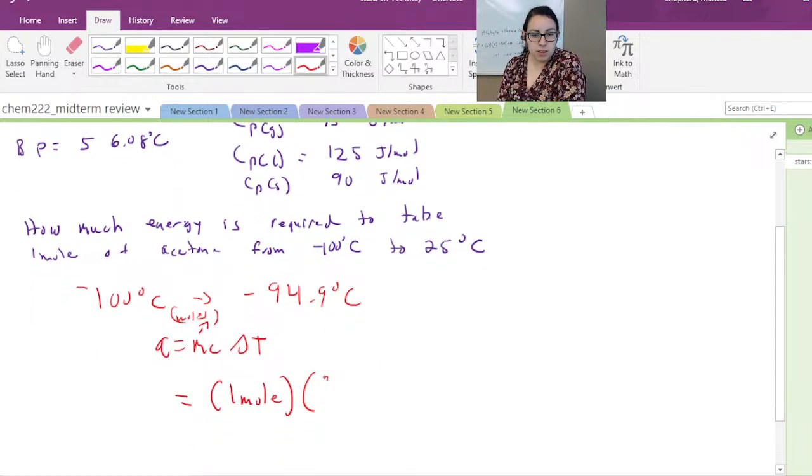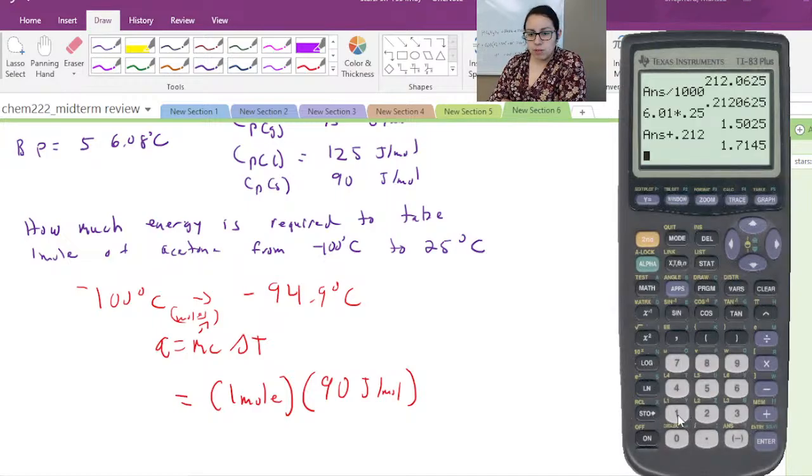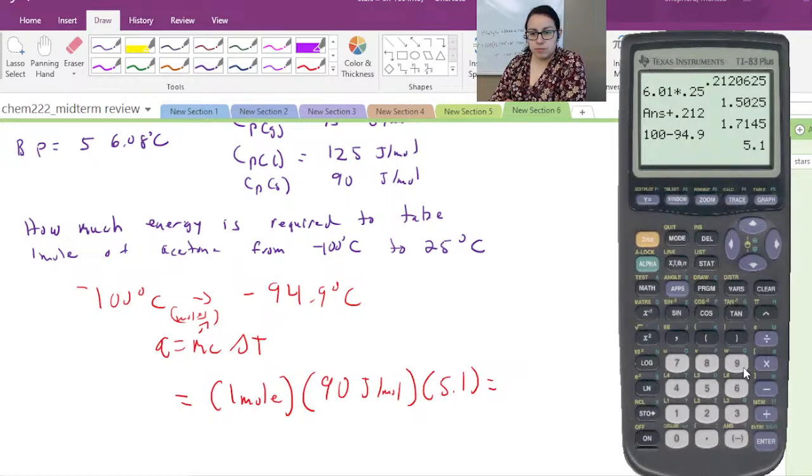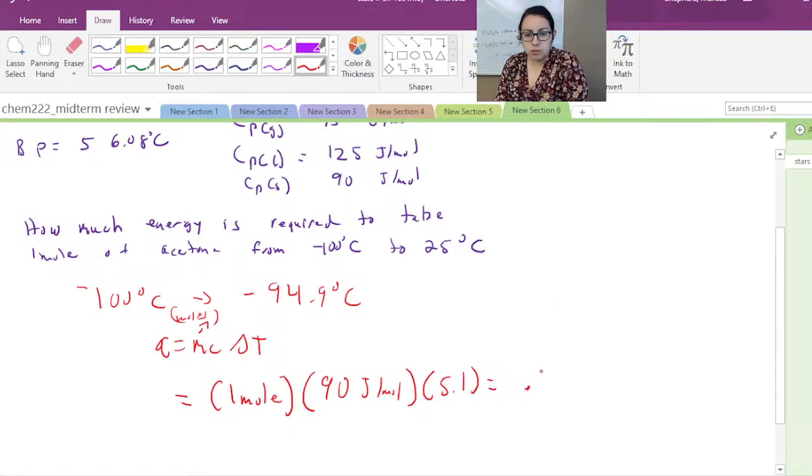So solid, so 90 joules per mole, so moles cancels, then I need my delta T. So I think that's about 5, 100 minus 94.9, so 5.1. So do we get 459 joules, so that would be 0.459 kilojoules.